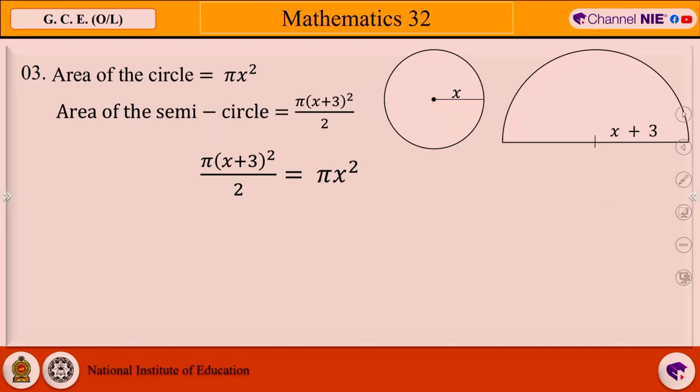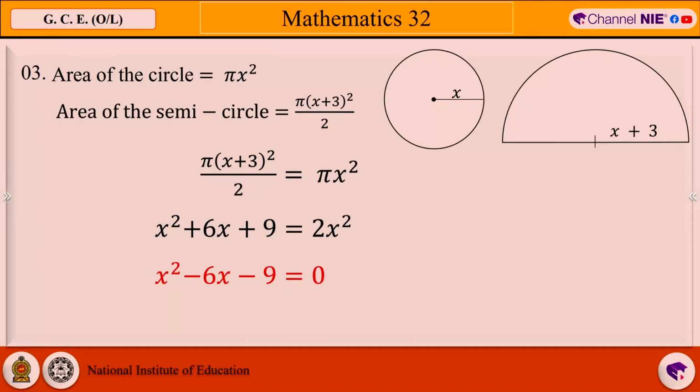First, you can cancel π from both sides. Then, once you expand (x plus 3) to the power 2, you get x squared plus 6x plus 9, and you can cross multiply. Then you get 2x squared. Then at the end, you will get the given quadratic equation. Okay.